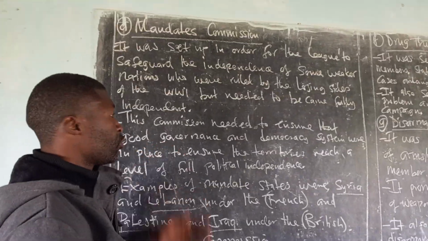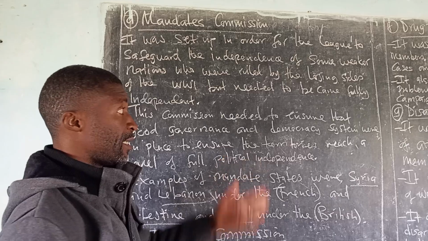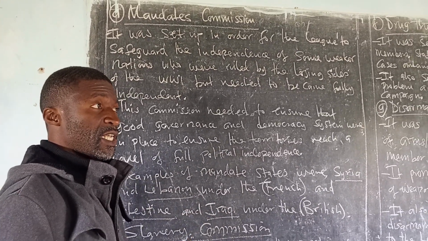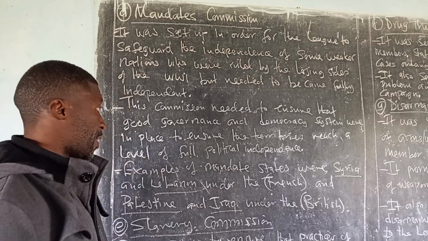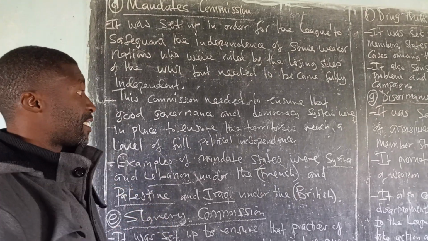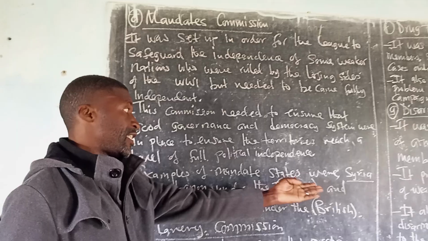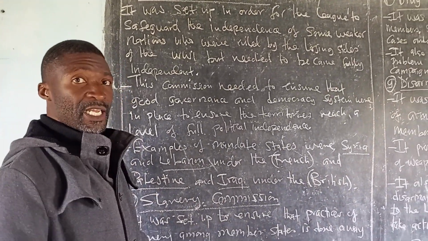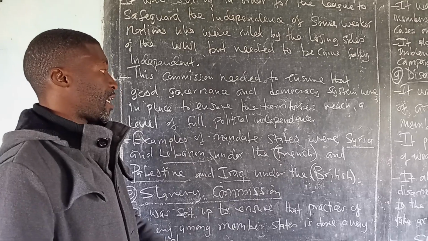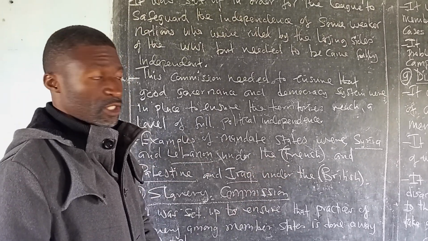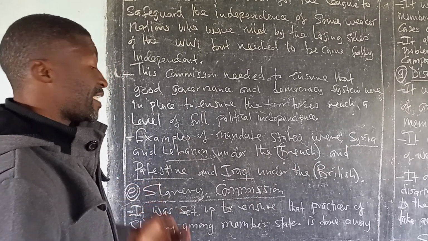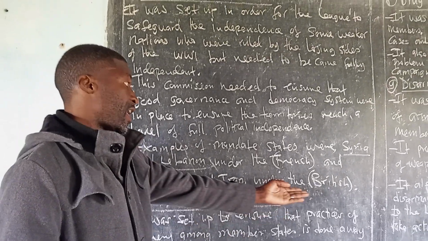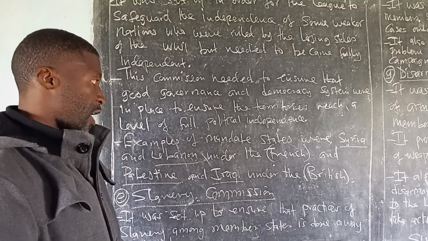So issues of good governance and democratic systems had to be put in place to ensure that those countries could attain full political independence on their own. Examples are Syria and Lebanon, which were put under mandate status under the French, and Palestine as well as Iraq, which were put under British control as mandate states.